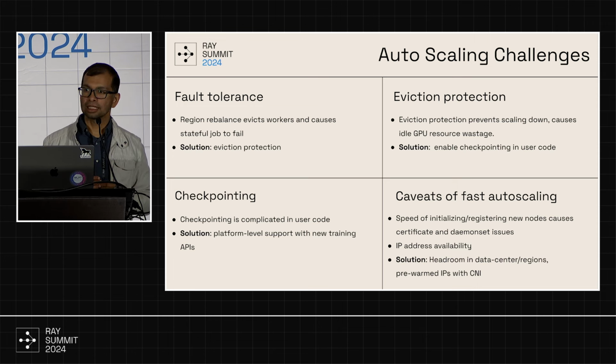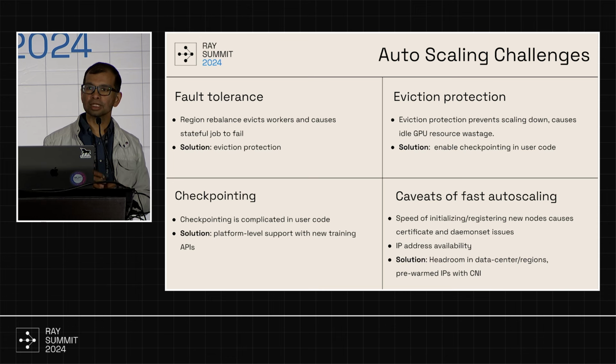So a guard against that was to make sure that our Ray workers cannot be evicted. So they can be upscaled, but they cannot be downscaled. Now that resulted in lower utilization, because we have created a workload that cannot be shrunk.